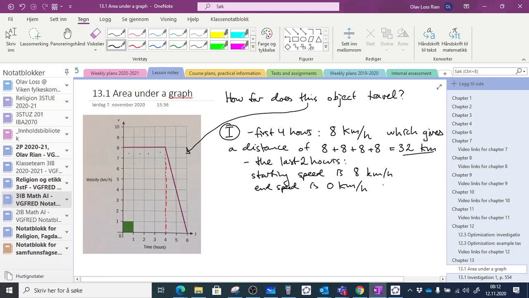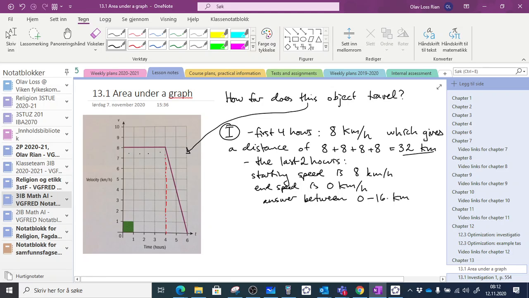So clearly the answer is not 8 and it's not 0, so it must be somewhere in between 16 kilometers and 0 kilometers. It's not 0 and it's not 16, so it's somewhere in between.